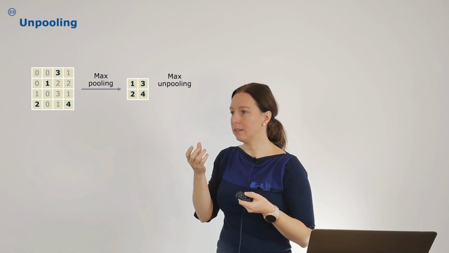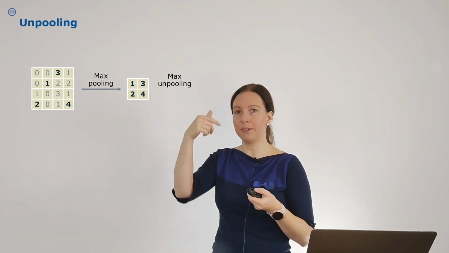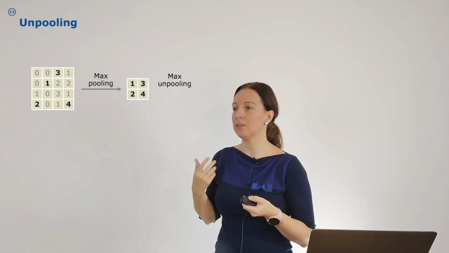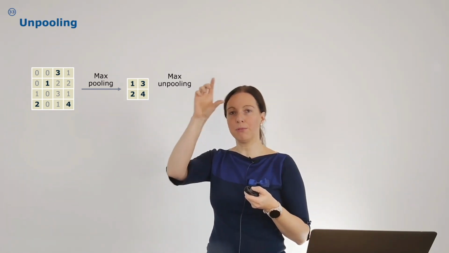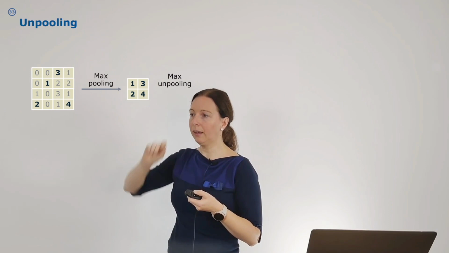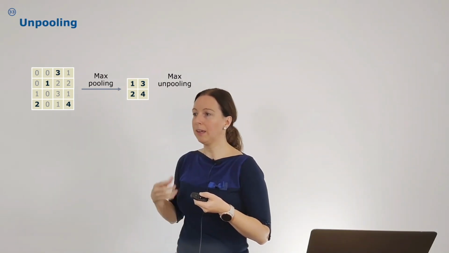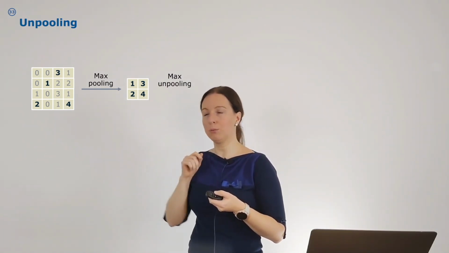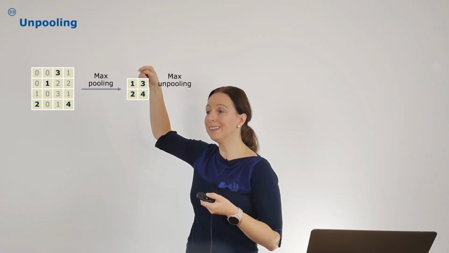you have a specific window size, in this case of 2 × 2, and from the first few values in the upper left corner, you take the maximum value in this 2 × 2 window, and this is the one.